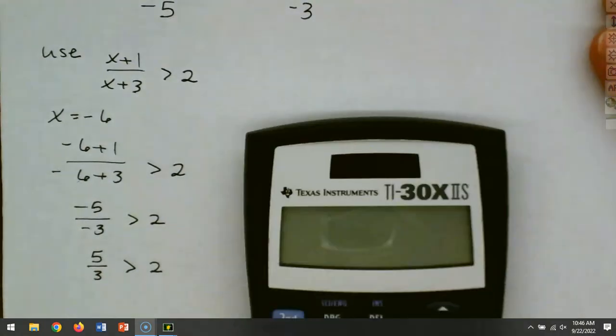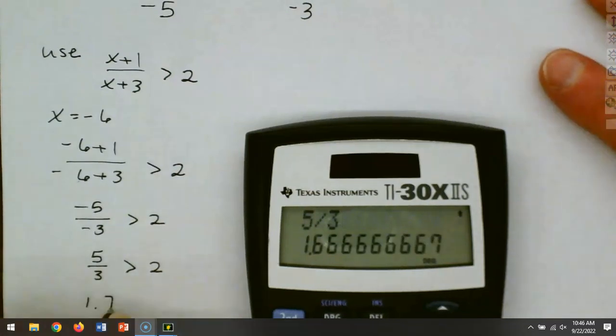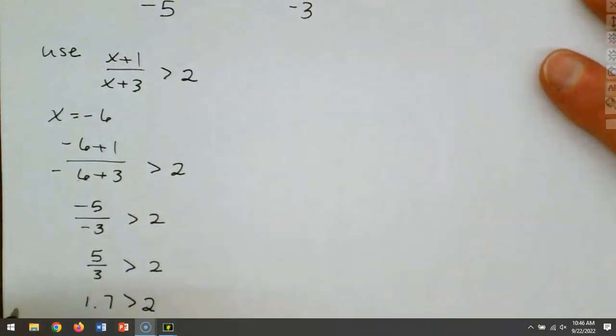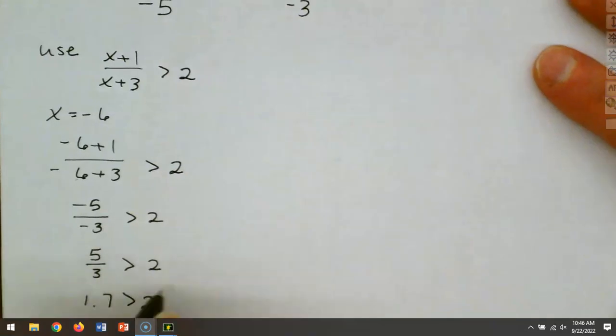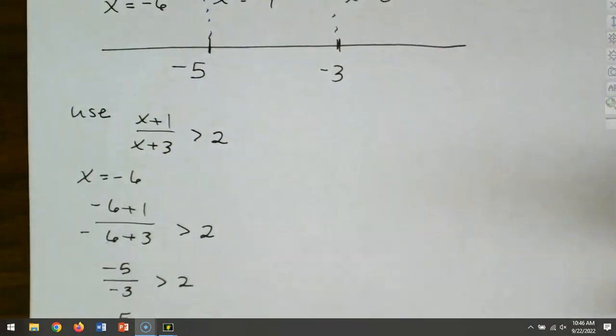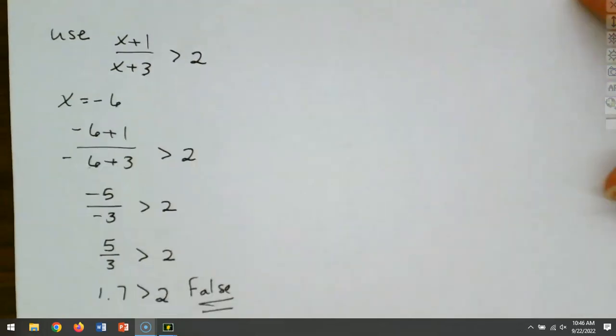Well, if you can't see, check it with a calculator. 5 over 3 with the calculator is 1.7 if we round. Is 1.7 bigger than 2? Is that true or false now? False. So that first region is false. So this region here is false.